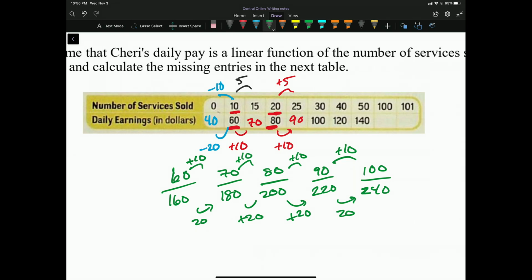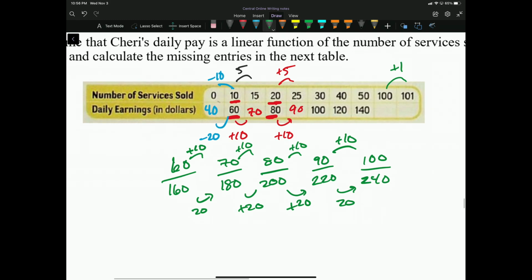Cool thing about this is we can also reduce this, right? We talked about tens, we can talk about the number of services increased by 5. We talked about them decreasing, but if we want to figure out how much we're increasing by 1, we can simplify this, right? So if we had a 20 increase over 10 services, 20 divided by 10 is going to end up being 2, right?